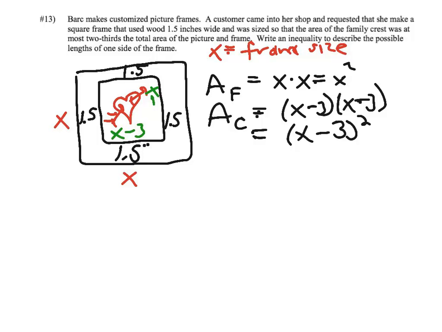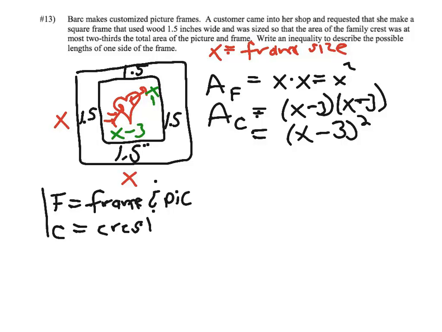I should say what F and C stand for. It's called defining your variables. F is the frame and picture. C is just the picture, or the crest. Always define your variables.